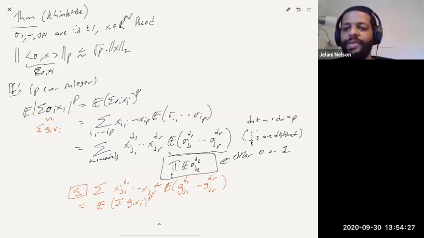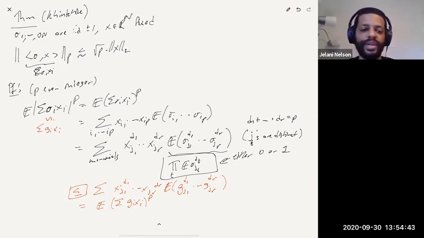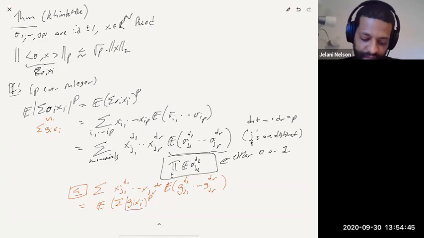And if you haven't seen this before, now I'm going to cite a fact about Gaussians. If you add independent Gaussians together, you get back a Gaussian whose variance is the sum of the variances of the Gaussians that you added. So g_i x_i is itself a Gaussian.